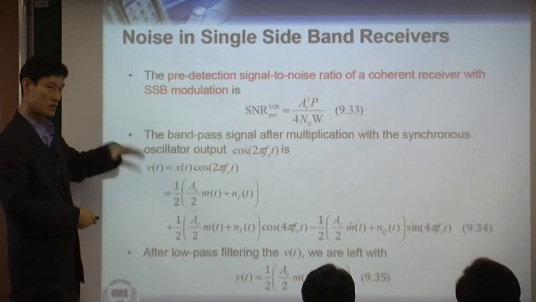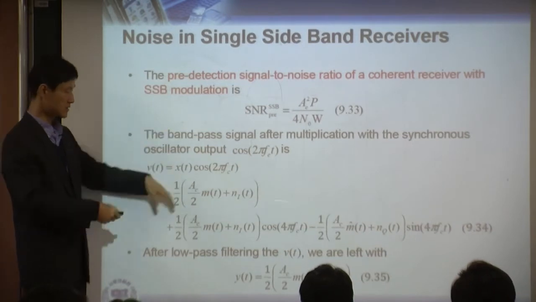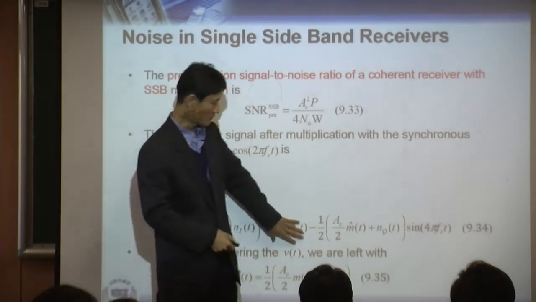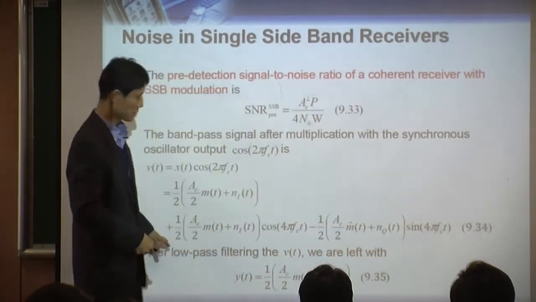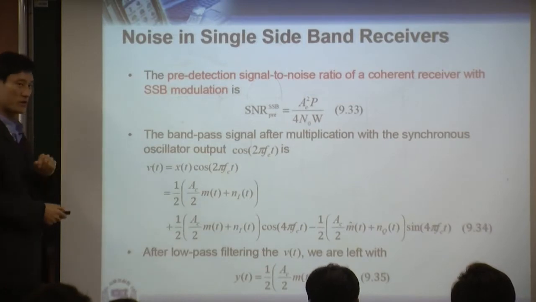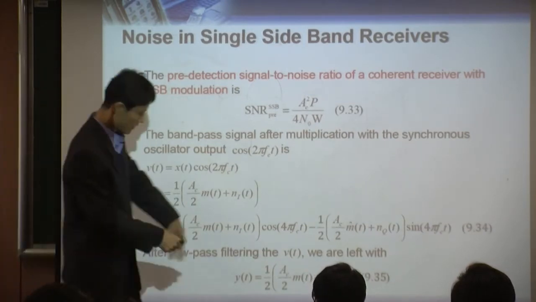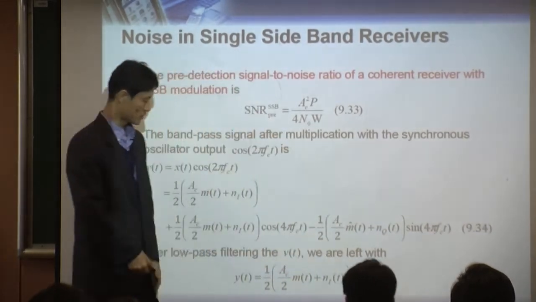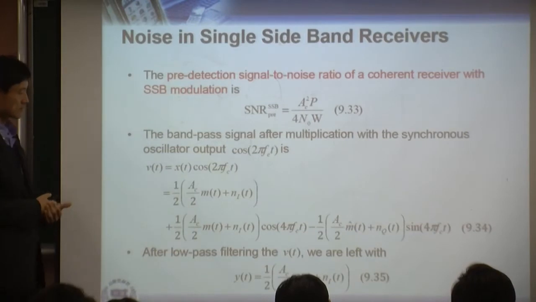Okay, once we multiply that, this one goes into the low pass filter. So the cosine 4 pi, sine 4 pi all goes away. Now we have only this one. So that's going to be the output of your receiver, right? Coherent detector. So now again in the output we have a signal part and a noise part. You can do the same for SNR measurements.